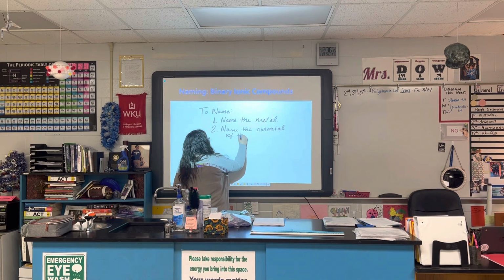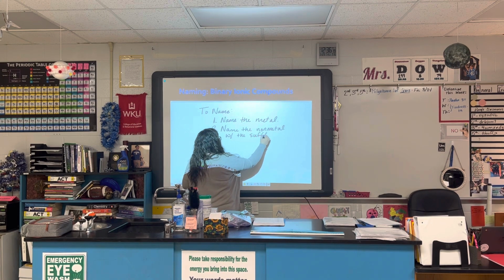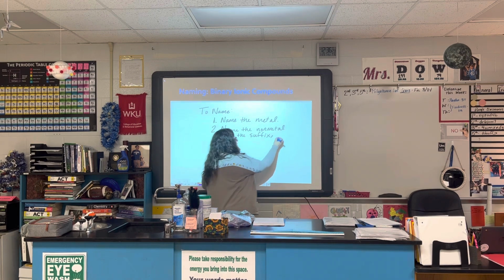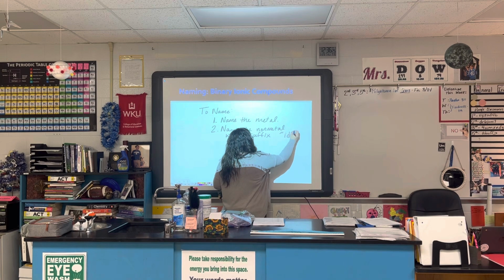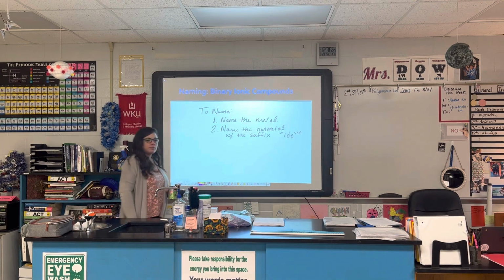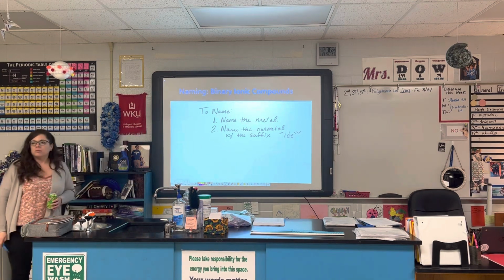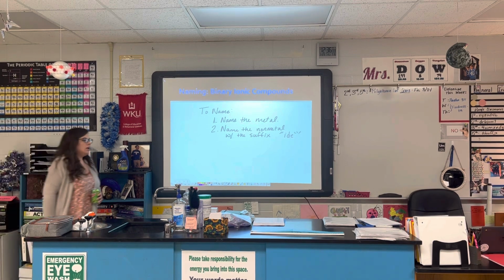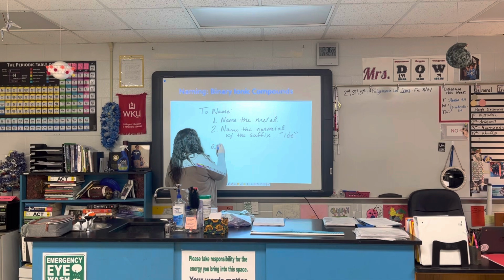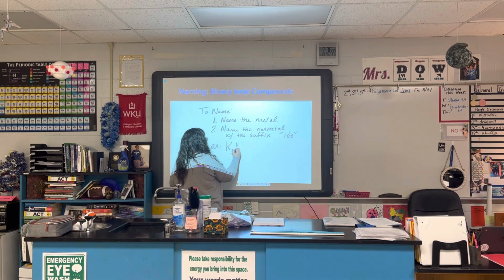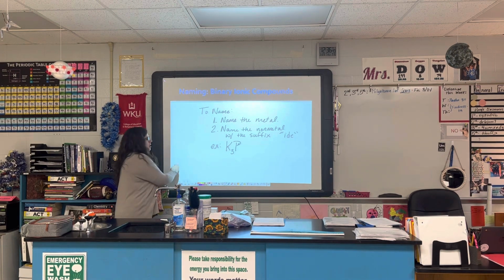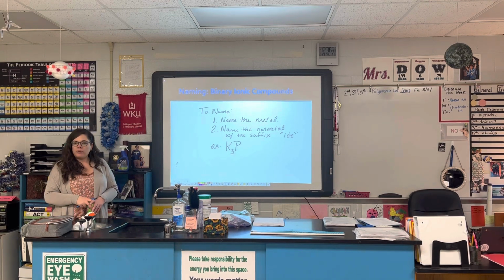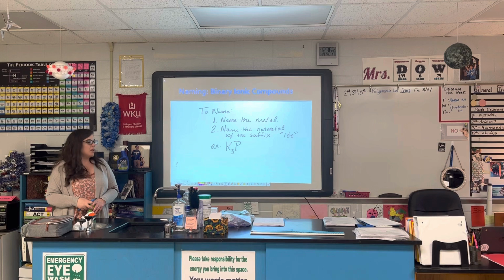with the suffix. And where do suffixes go? In the front or at the end? The end. We're going to add the suffix ide, I-D-E. So for example, if I had K3P, what's my metal? Potassium.